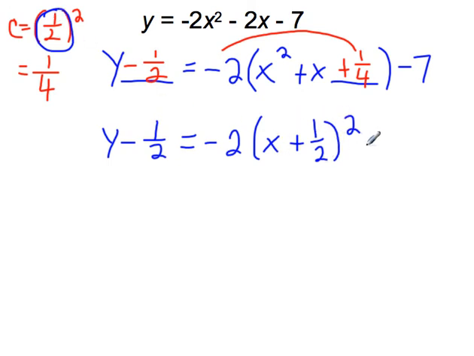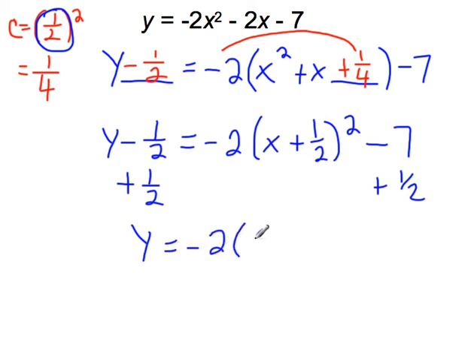Carry down the -7. Okay? Now, the very last step, all we need to do is add a half. So I'm going to add a half to both sides. So I end up with y equals -2 times x plus 1/2 squared. Now we've got -7 plus a half.